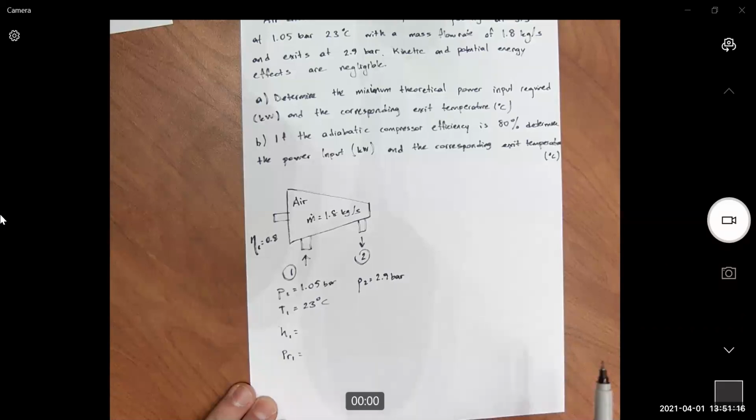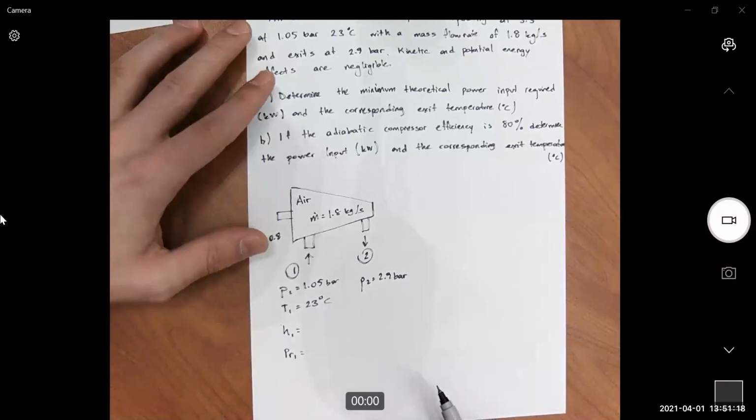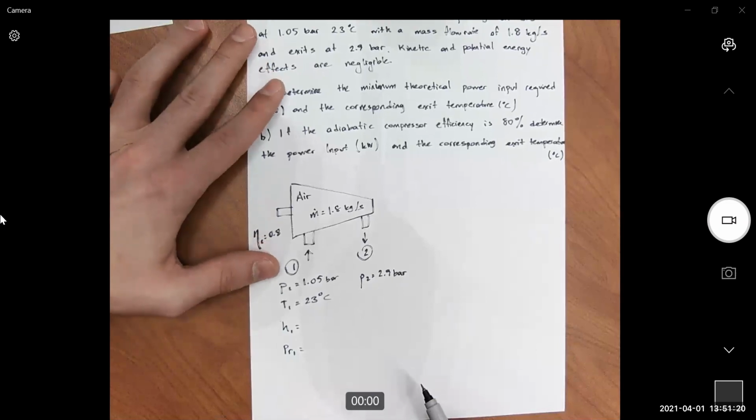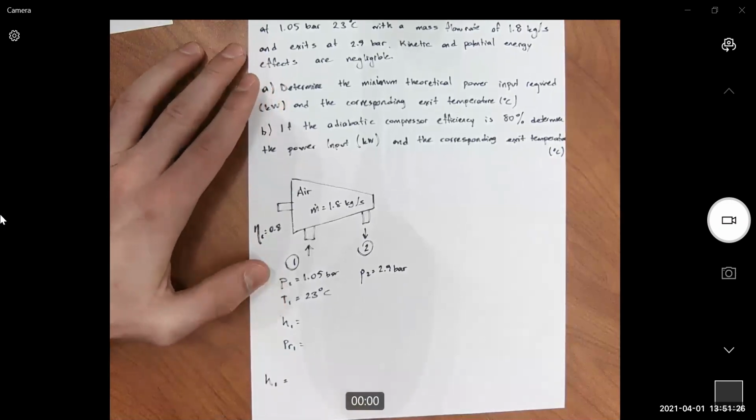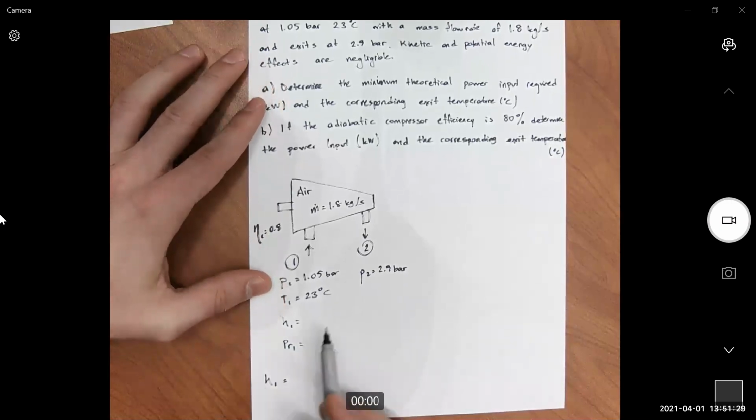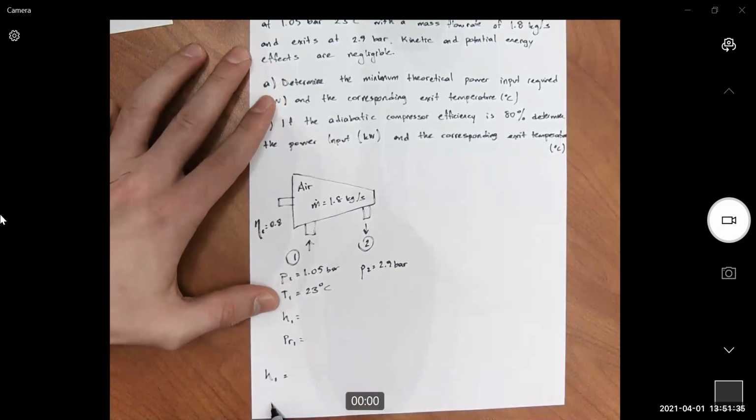If you don't have an exact value, you need to calculate, right? Okay, so H1, oh, this is actually 295 Kelvin, right? Yes. So we need to interpolate.